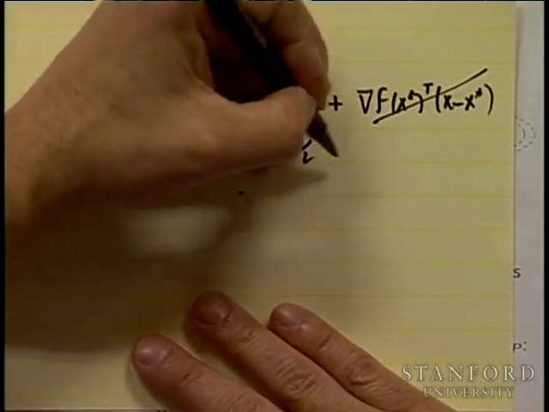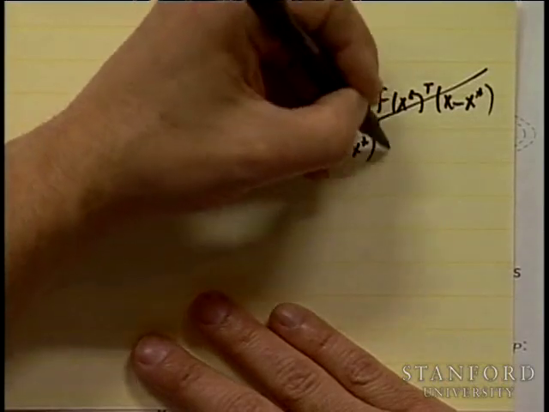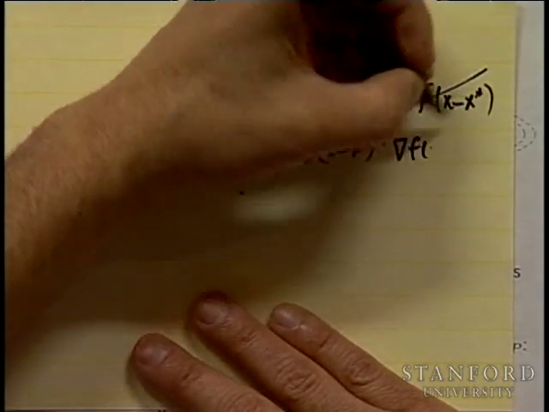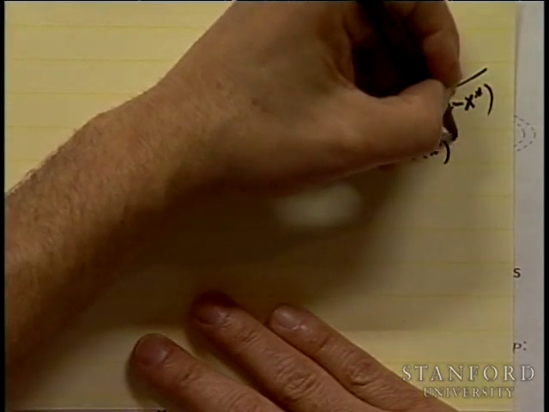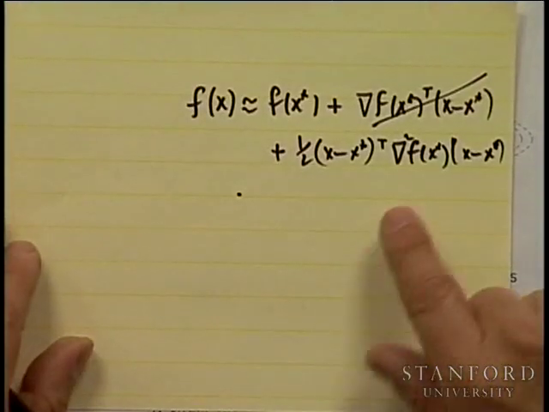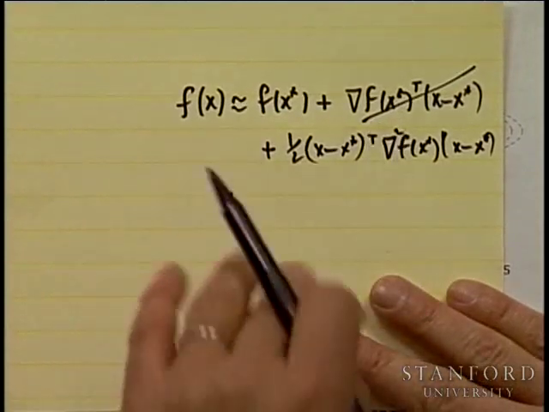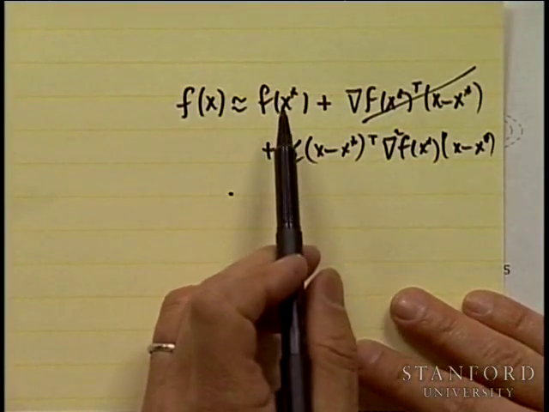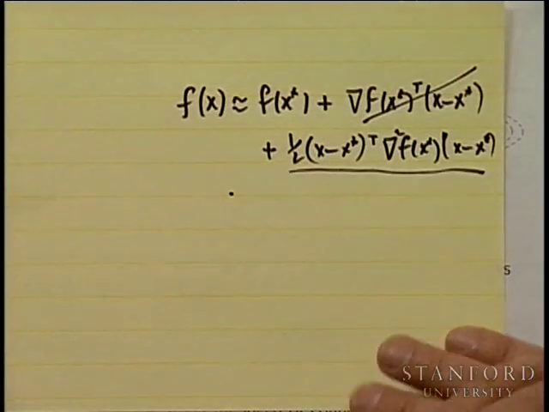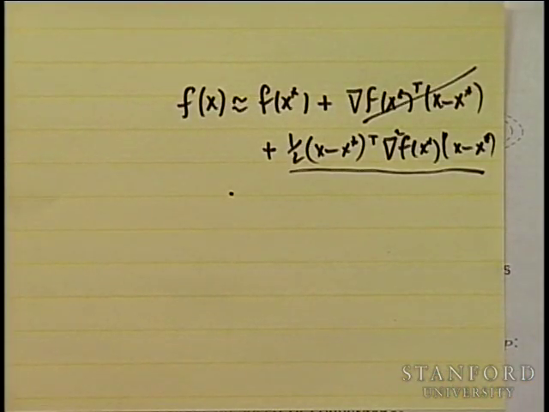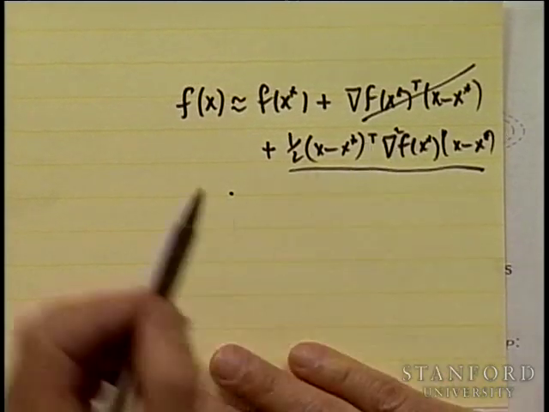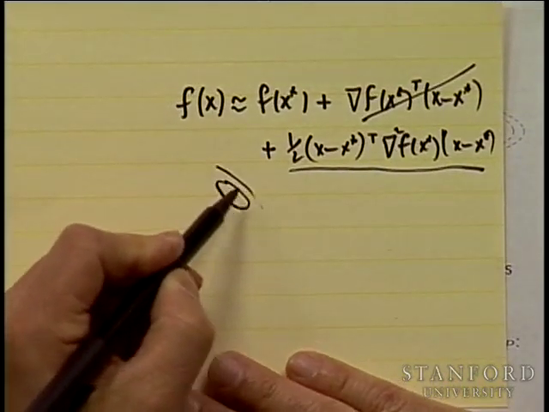So we go to our next term, which is 1/2 x minus x star transpose, the Hessian, x minus x star. So near the optimal point, it looks quadratic. And so what do the sublevel curves of f look like approximately near the minimum? They're ellipsoids, and they're ellipsoids determined by the Hessian. So they look like this.